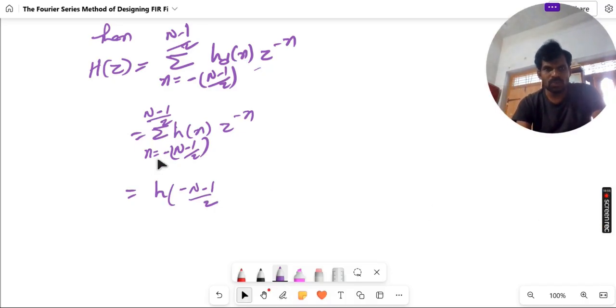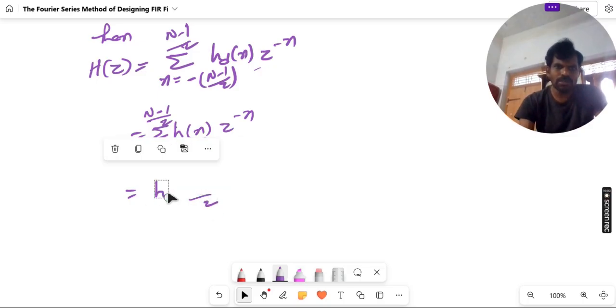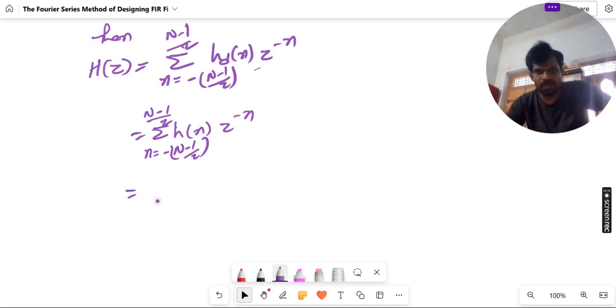Instead of substituting minus (N minus 1) by 2 first, let us substitute the positive values first, and after that the negative values. Let us substitute n equal to (N minus 1) by 2.